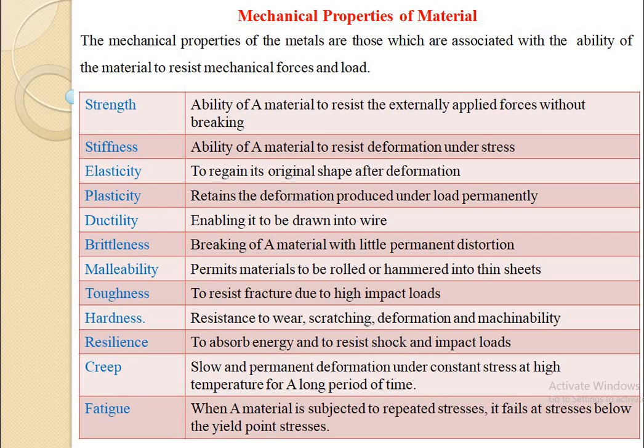So it is necessary to understand the properties of these metals, that is the physical properties of these metals. Because depending upon the physical properties of the metals, we are considering that metal for a particular application, or for a particular use, how we can use that metal. So selection of a particular material for the engineering purpose is of great significance.